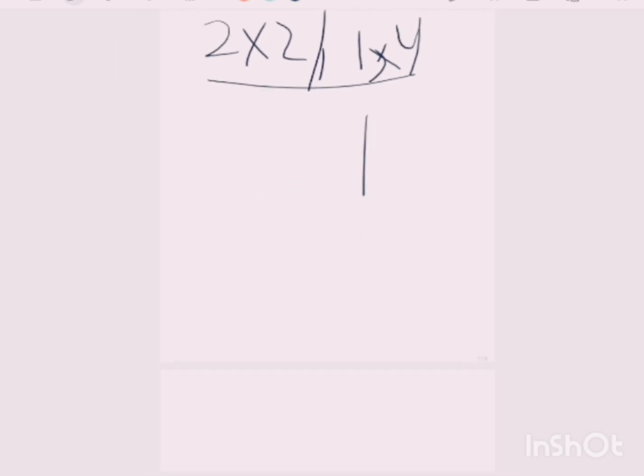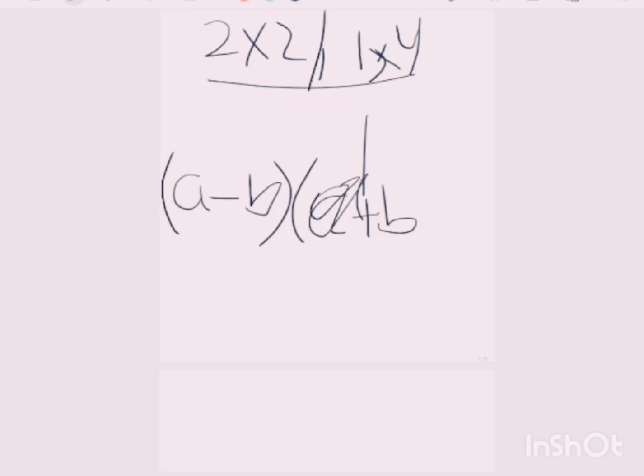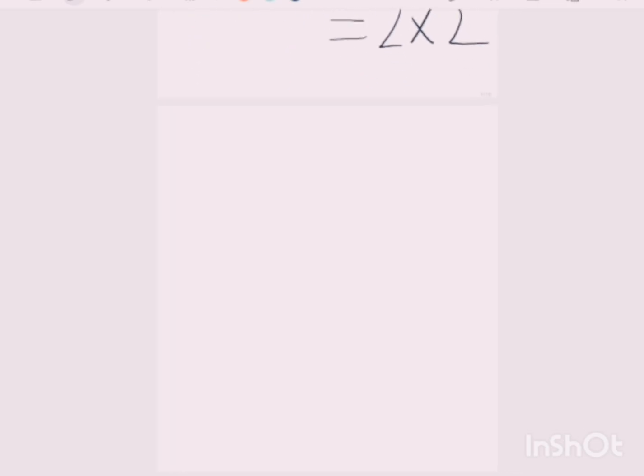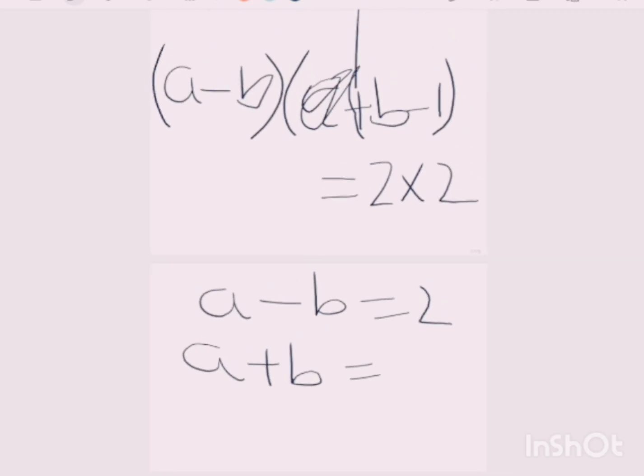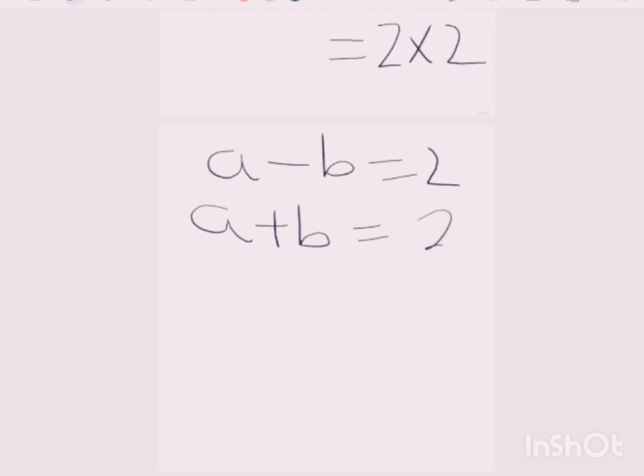So after this, (a − b)(a + b − 1) will be equal to 2 into 2. So you can write a − b = 2 and a + b − 1 = 2, so the minus will go to the other side, this will be 3.